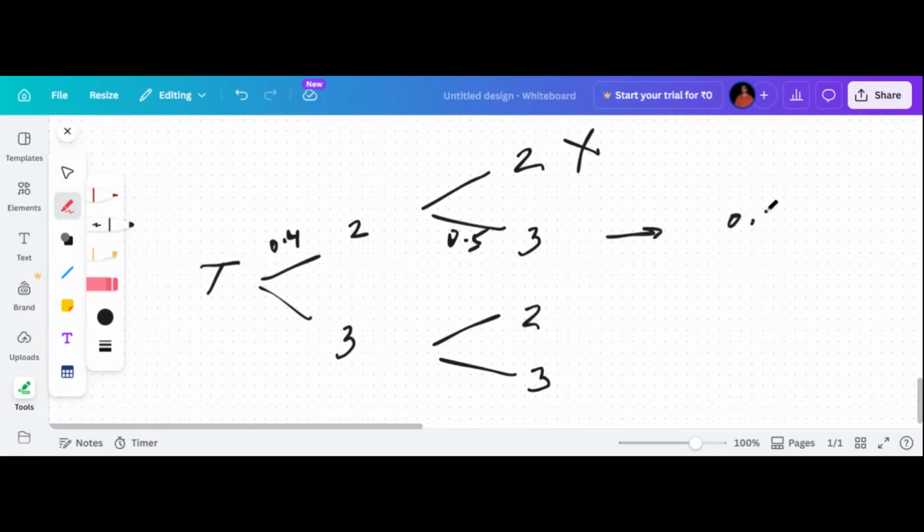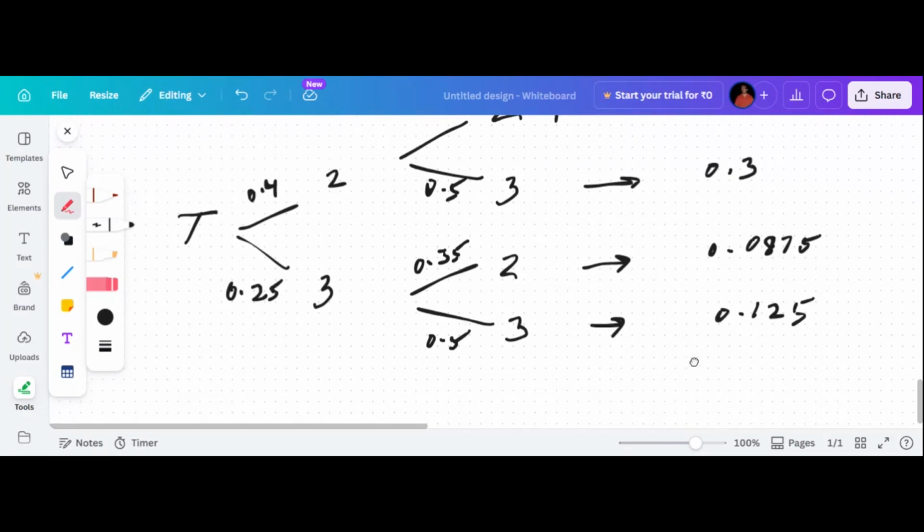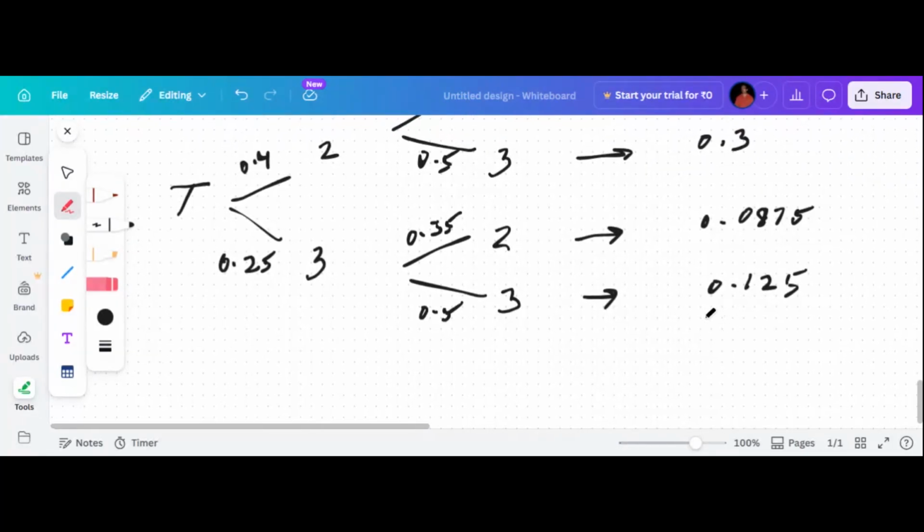Tom can win 3 and Claire can win 2, so that's 0.25 into 0.35, that's 0.0875. And Tom can win 3 and Claire can win 3, it's 0.125. So we found that the probability that they win more than 4 matches together is 0.4125.